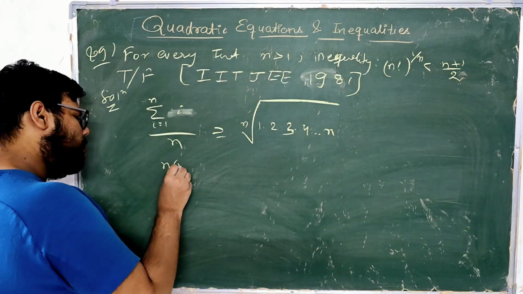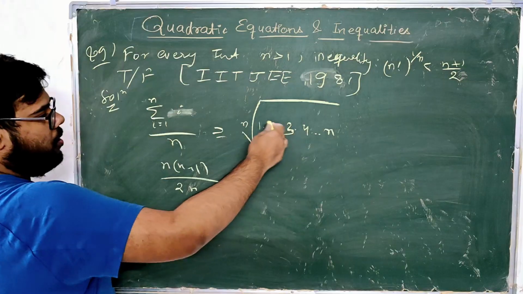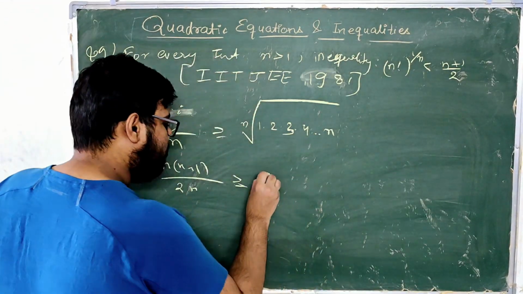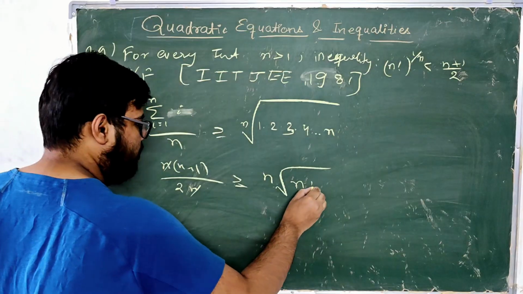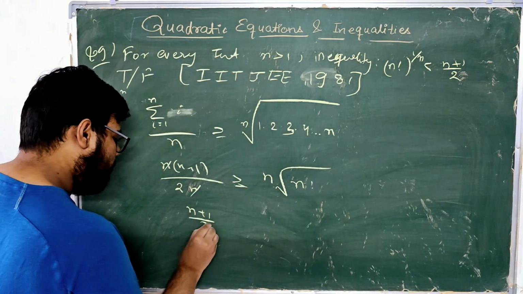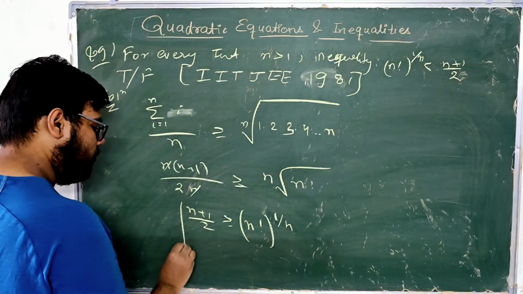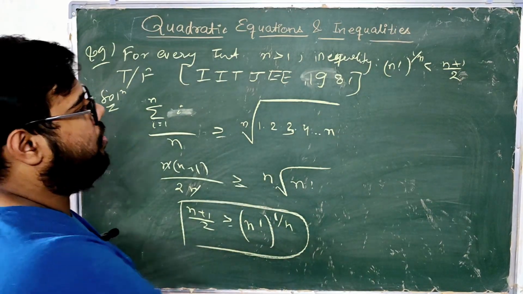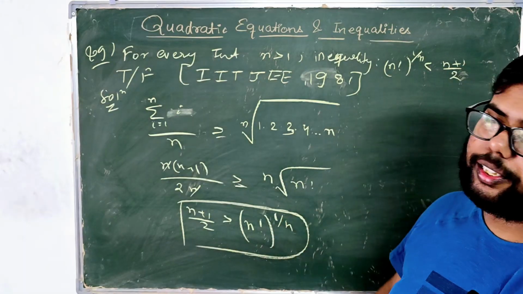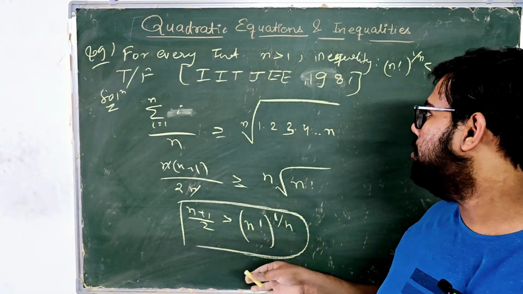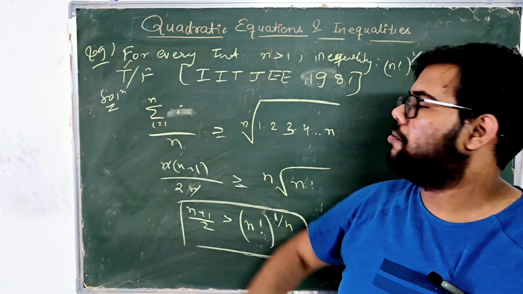This is n times n plus 1 by 2 times n, greater than or equal to, what is this? This is n factorial. So n and n get cancelled. N plus 1 by 2. And this is what is written. Okay, of course all the numbers are not equal, so it will be greater than the value of this function. Okay, so this is true.